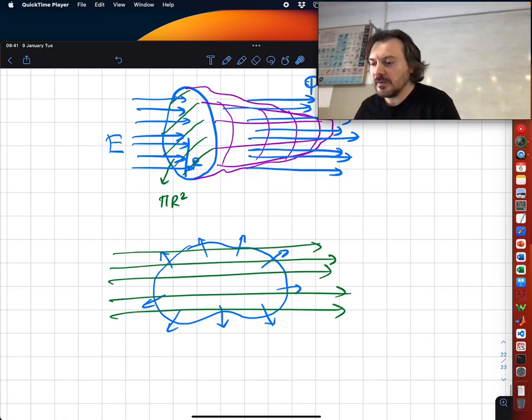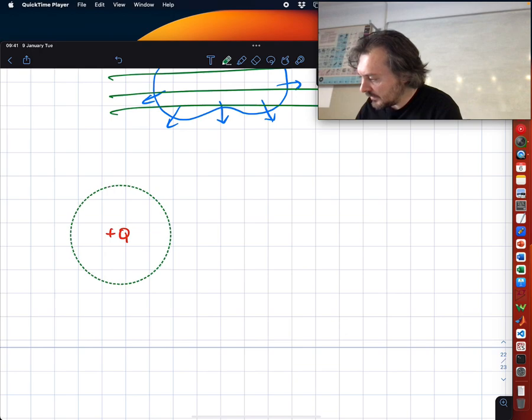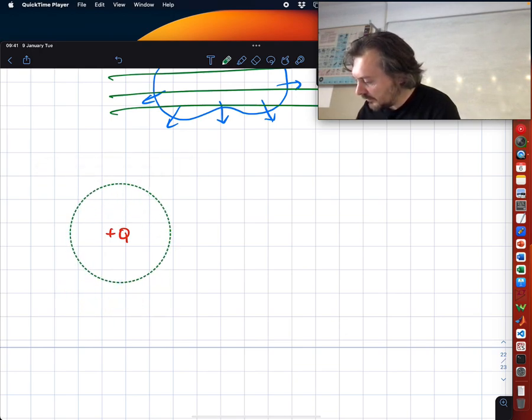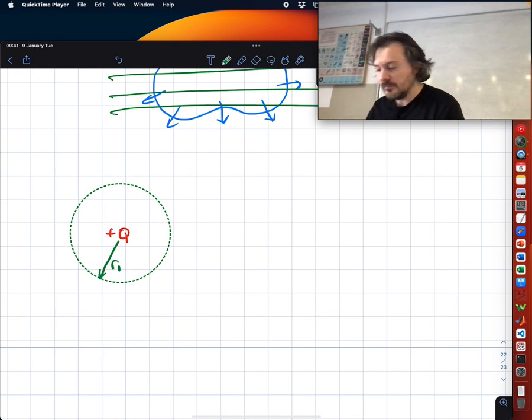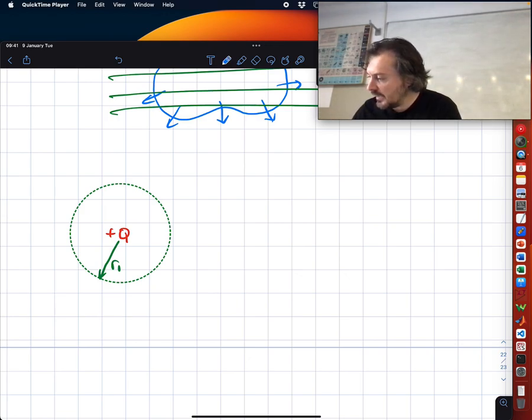So here's a very simple thing. I have this plus q. And I have an area over here. And the distance of that area is r1. Okay? My question is, how much electric flux do I have there?